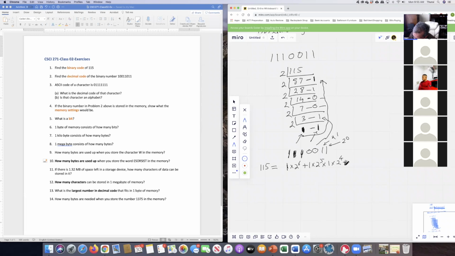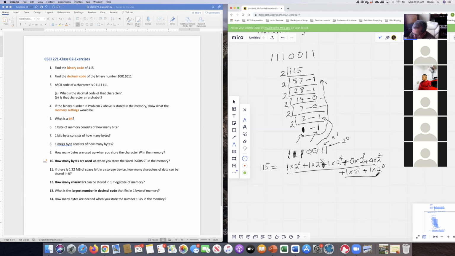Then these are zeros, so they don't contribute anything: 0 times 2 to the power 3 plus 0 times 2 to the power 2 plus 1 times 2 to the power 1 plus 1 times 2 to the power 0. This expression is equal to 115. If you simplify this whole expression, it'll be equal to 115.